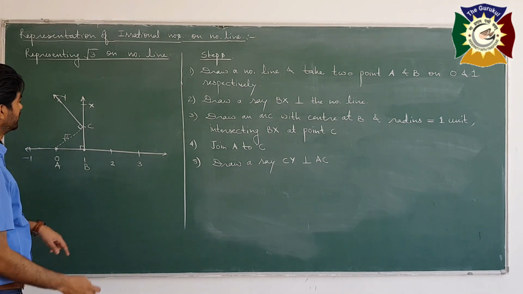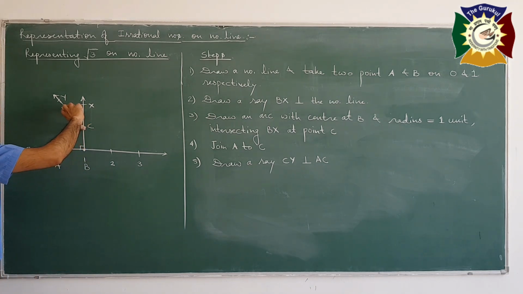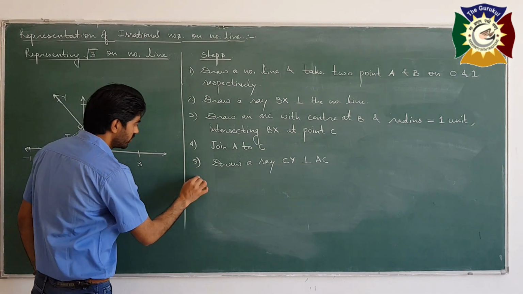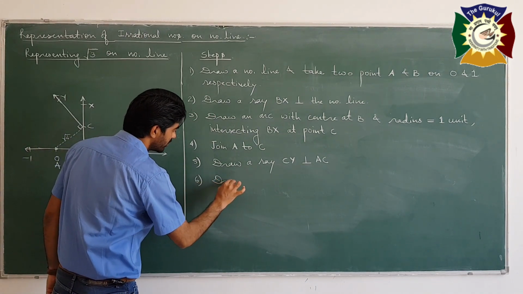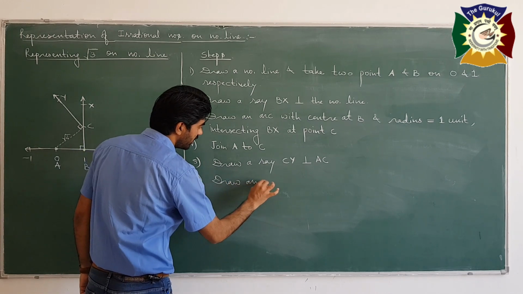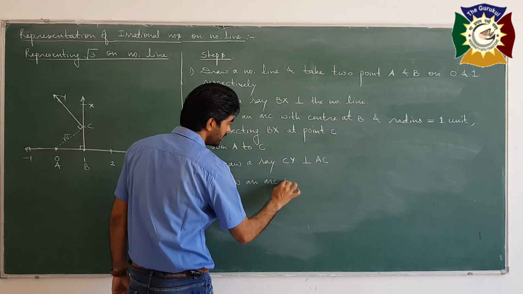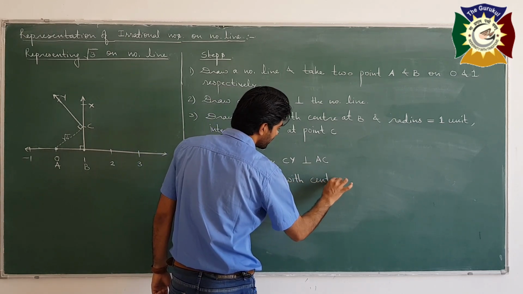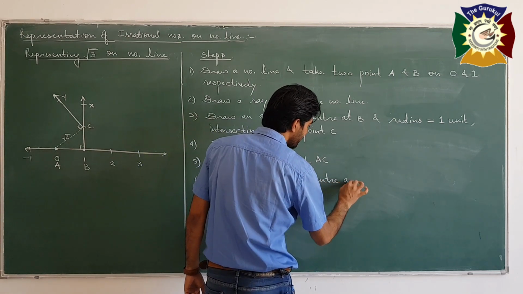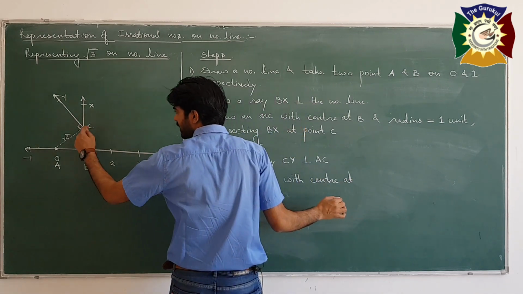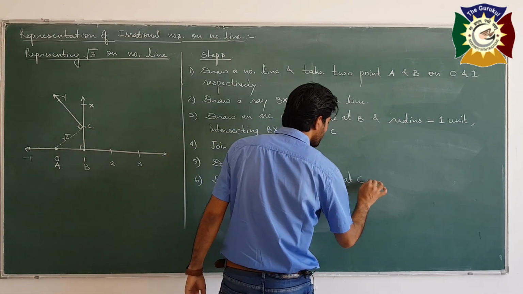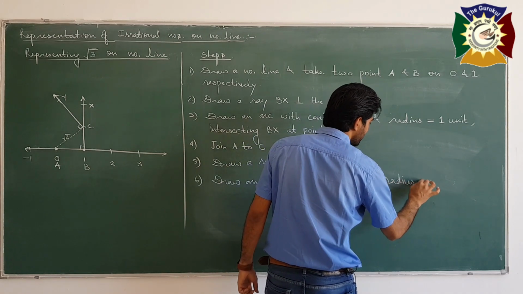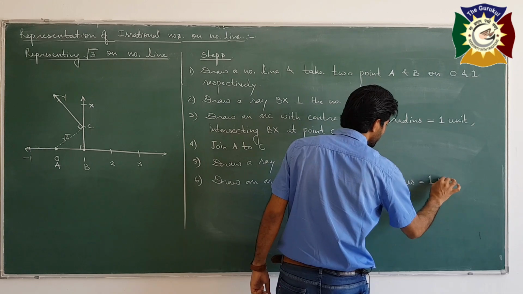Now again we will cut 1 unit from this CY. So again we have to draw an arc with center at C and radius equal to 1 unit.